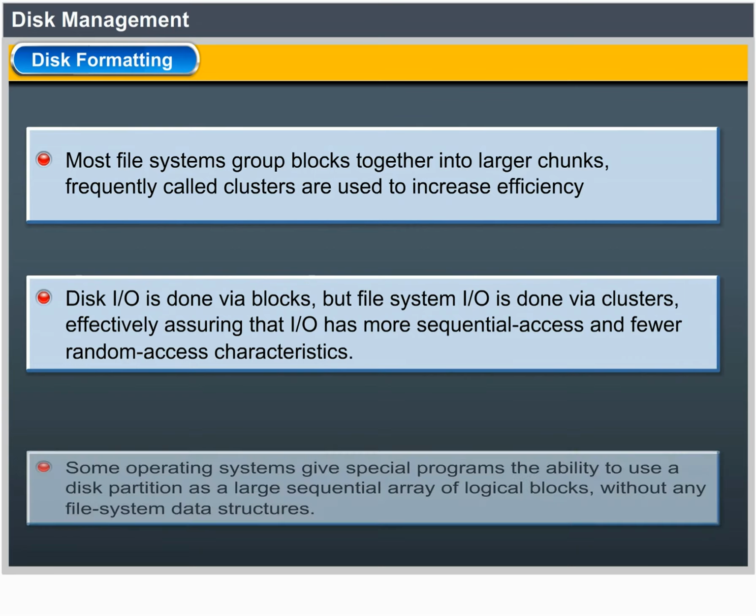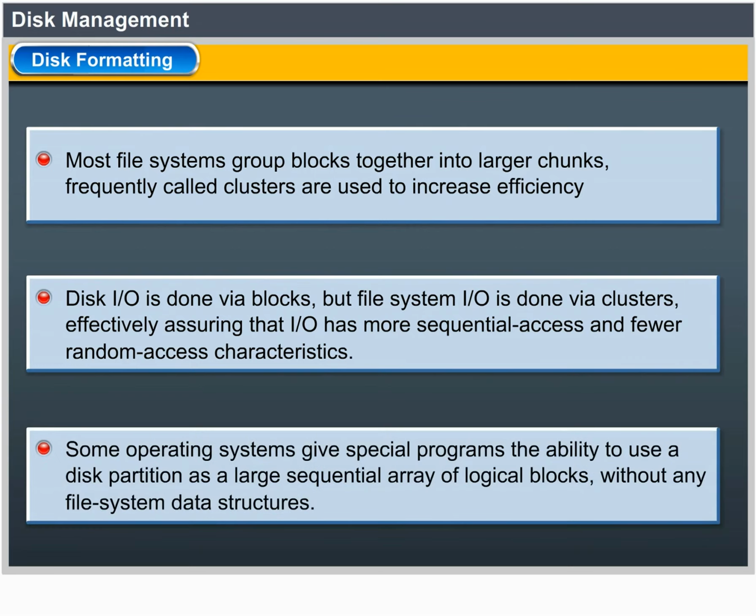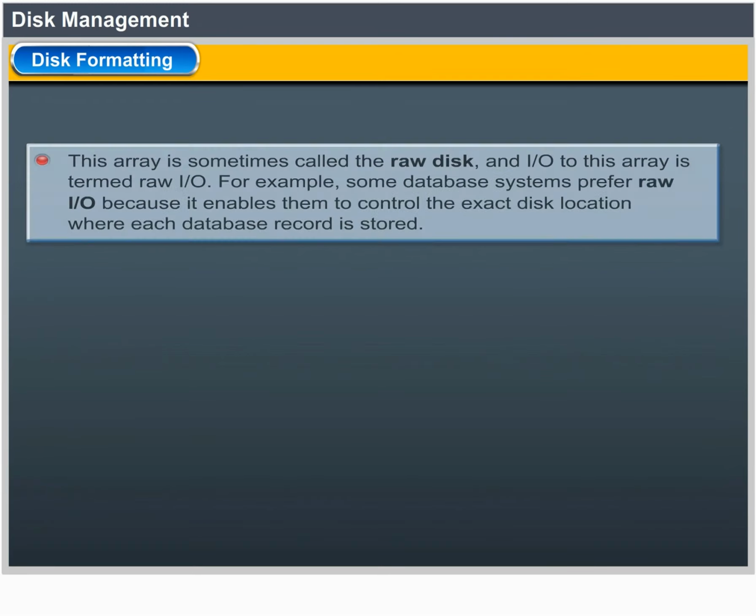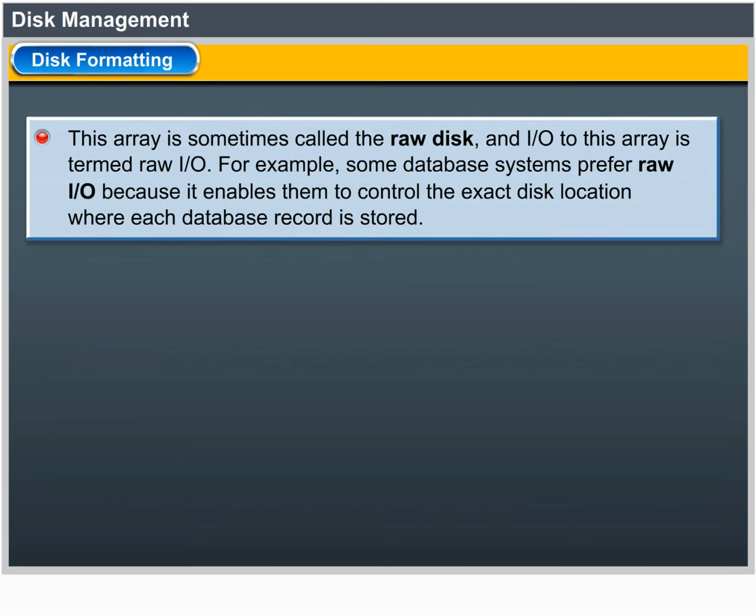Some operating systems give special programs the ability to use a disk partition as a large sequential array of logical blocks without any file system data structures. This array is sometimes called the raw disk, and input-output to this array is termed raw input-output. For example, some database systems prefer raw input-output because it enables them to control the exact disk location where each database record is stored.